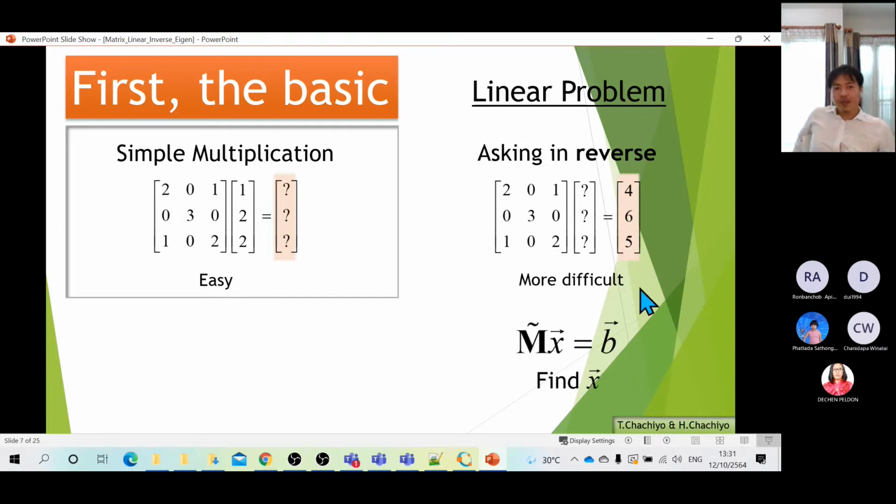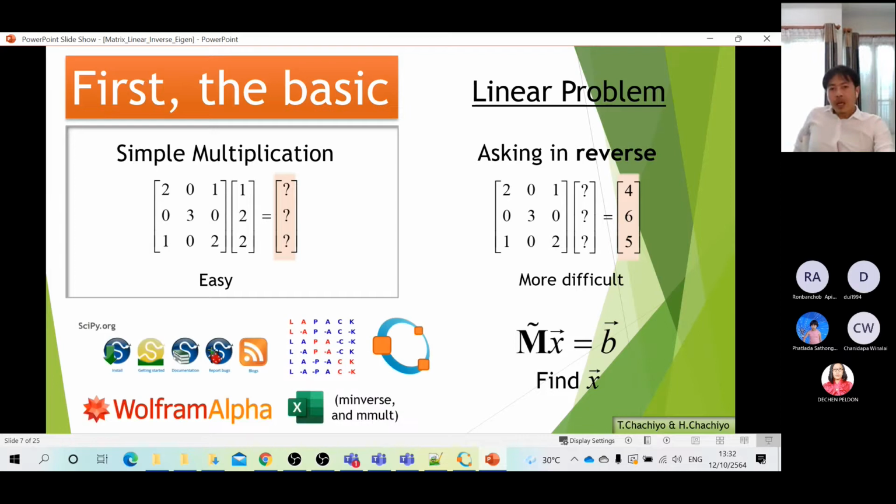How do I get this? Okay, linear problem. Typically, we know the matrix M, we know the vector B on the right-hand side, and we want to find out, in this problem, what the X is. Like I said, when you have this linear problem, normally in your research you don't go into the details of how you solve for X. You just call a function, you just use some subroutine from a software package like Octave here, or you can even use Excel, or Wolfram Alpha and so on.